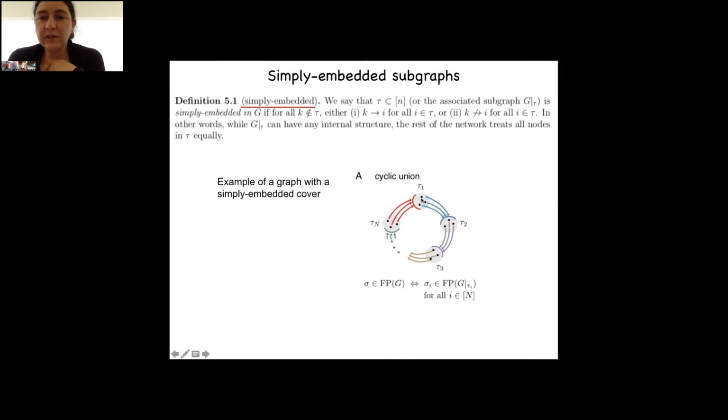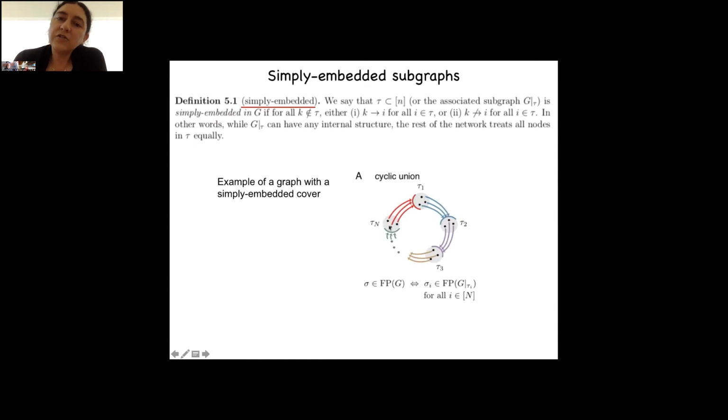In a cyclic union, we have subgraphs with nodes, subsets of neurons, tau 1, tau 2, tau 3, and so on. I'm not showing the edges inside these gray blobs, but you can imagine there's an arbitrary graph there: a graph G sub tau 1, a graph G sub tau 2, and it can in principle be any graph you like.